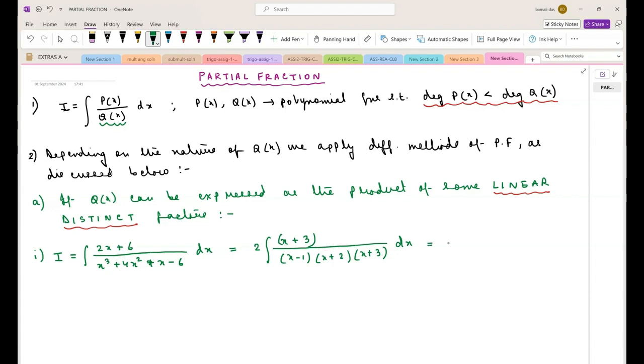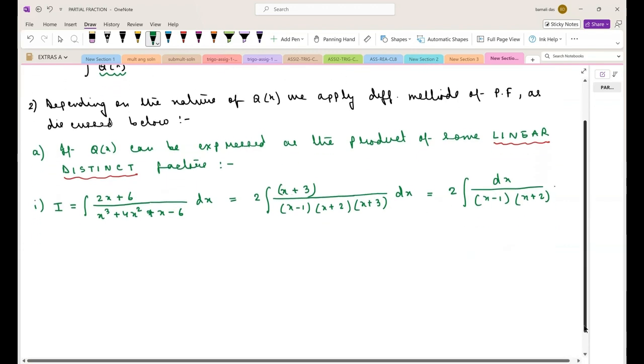So ultimately it becomes 2 dx by x minus 1, x plus 2. So this is the final form. We redecorate the integral in this form, that is the denominator as product of factors.